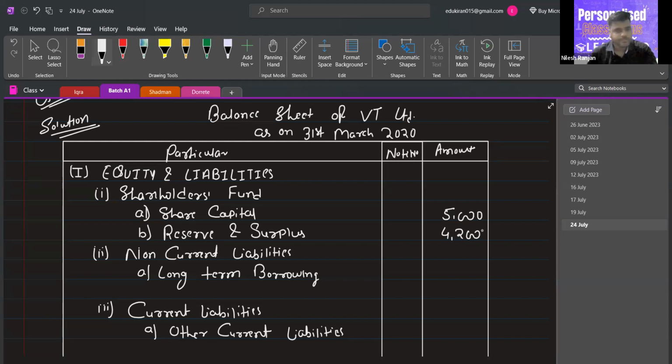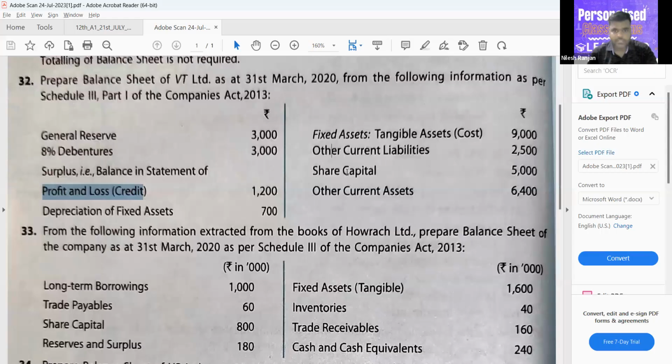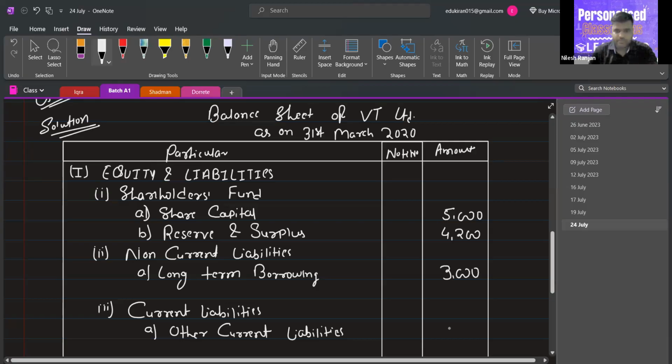Now, debenture is 3,000, long-term borrowing, and then other current liabilities 2,500.